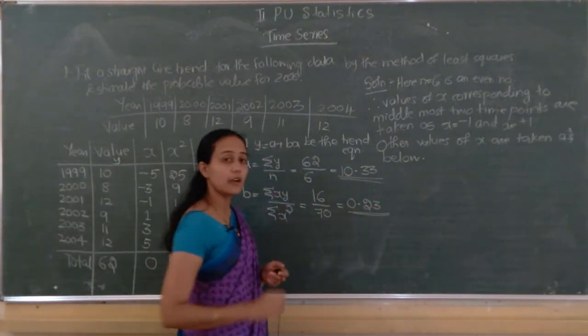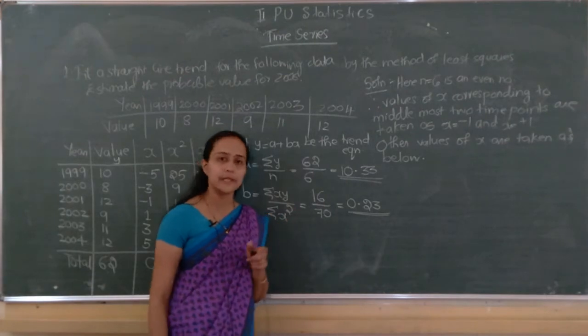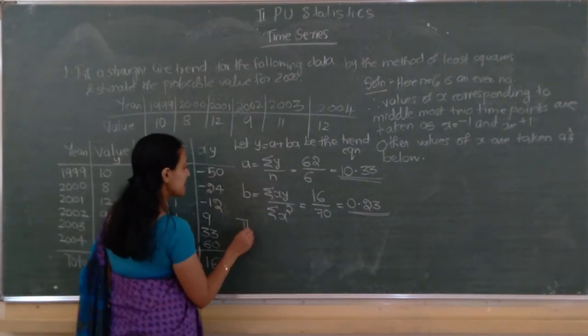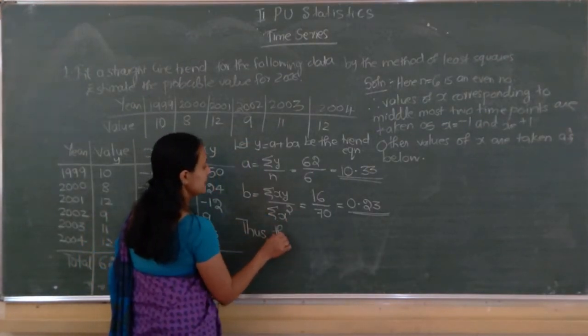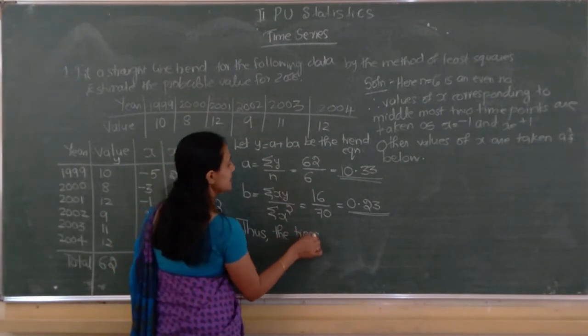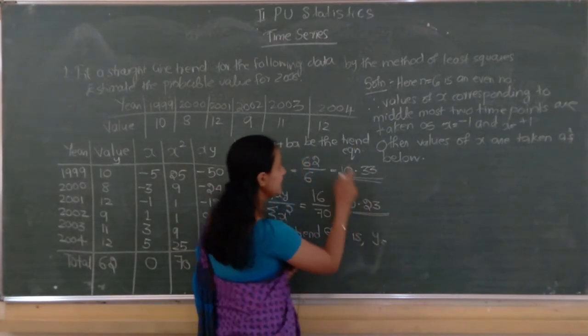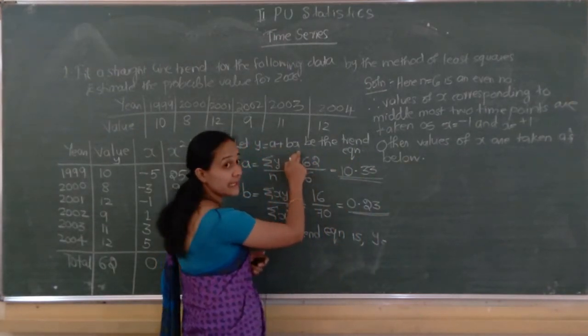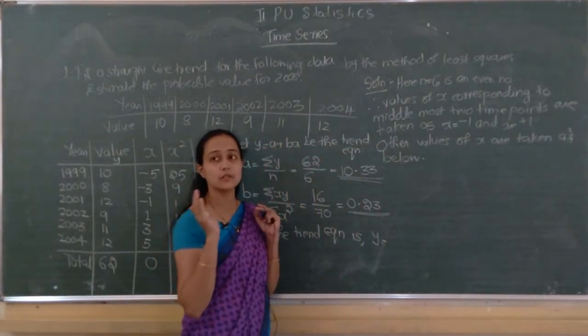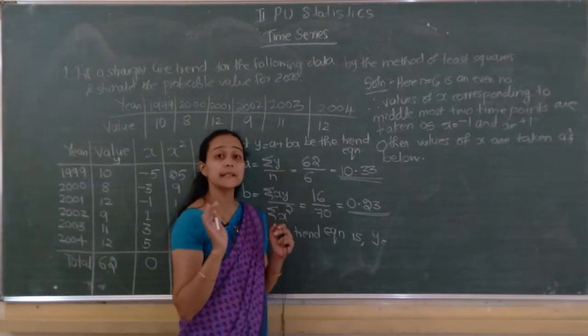Thus we got the values of a and b. So the trend equation is y equal to a plus bx. Just substitute the values of a and b, keep x as it is.